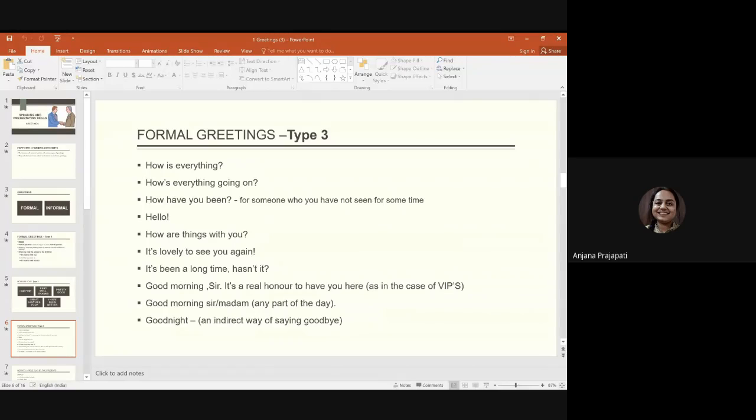Anyway, you can say good morning. Very good morning. So good morning you can say at any point of time to anybody. Then good night. If somebody says good night, how would you respond? You just say good night.